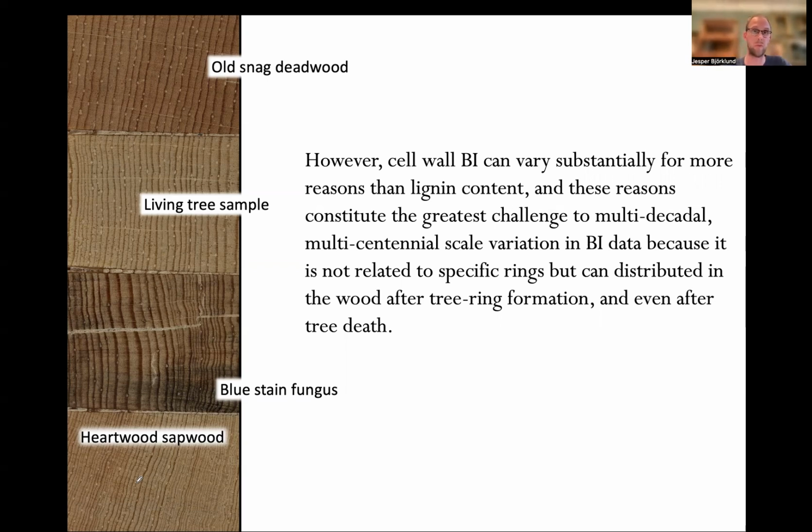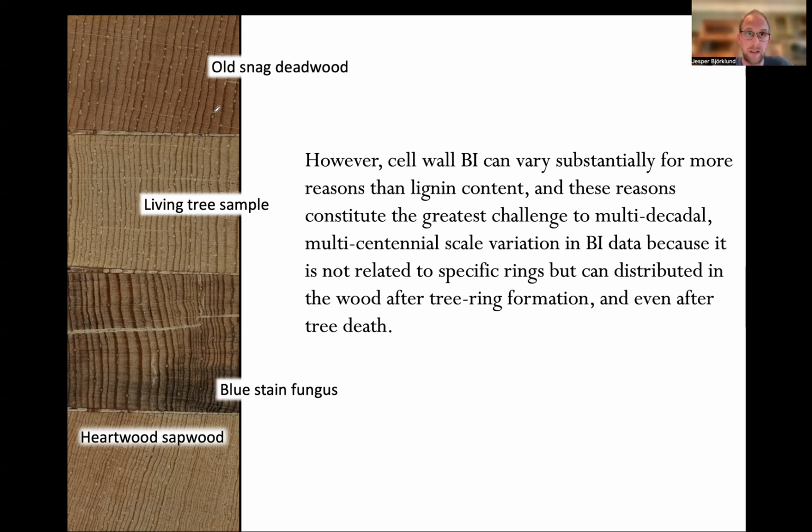So even though you have these color differences in the trees, this does not seem to have any substantial effect on the climate signal.